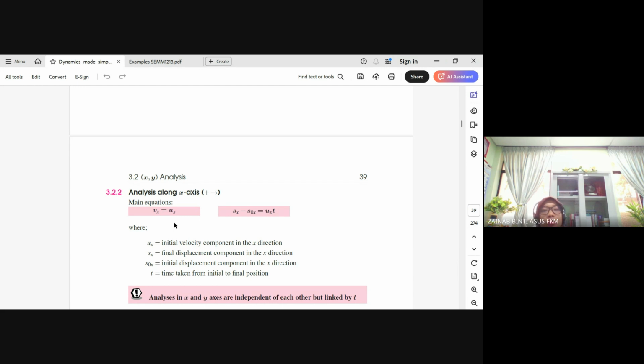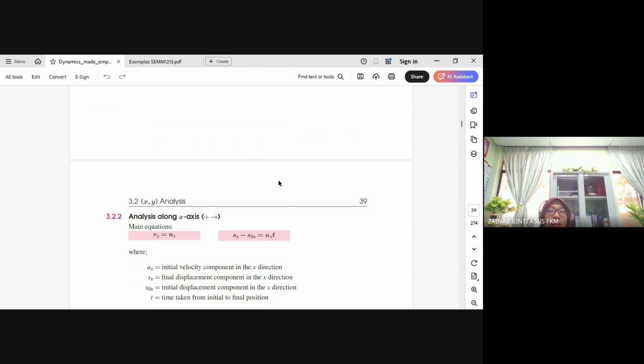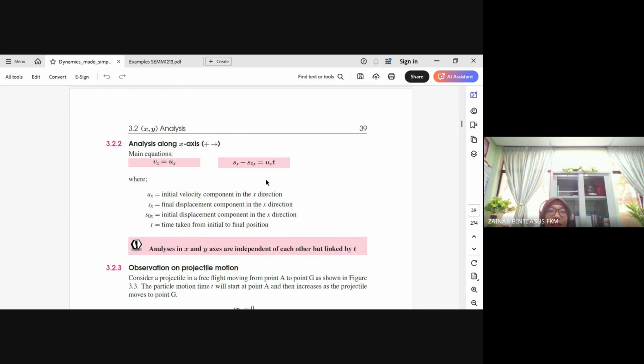And Vx, Ux have no relation with Vy or Uy, unless it is the resultant: u equals the square root of ux squared plus uy squared. That is the only relation. Only the t is related between x and y, between two points.